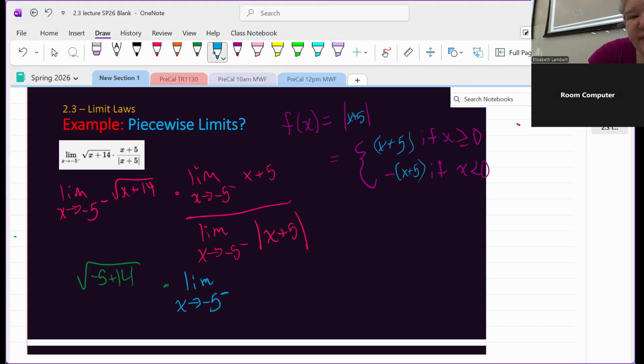So the absolute value of the thing is the thing itself if we're on the positive side, or it's the opposite of the thing itself if we're on the negative side. But it would change these numbers. So when we're on the left side of -5, the bottom is going to become the negative of x plus 5.